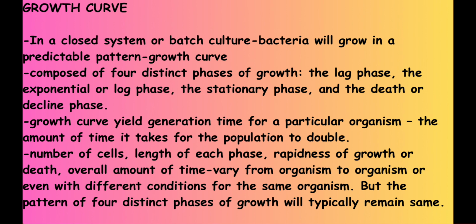Then the details associated with each growth curve, that is the number of cells, length of each phase, rapidness of growth or death, and overall amount of time, will vary from organism to organism or even with different conditions for the same organism. But the pattern of the four distinct phases of growth will remain the same.